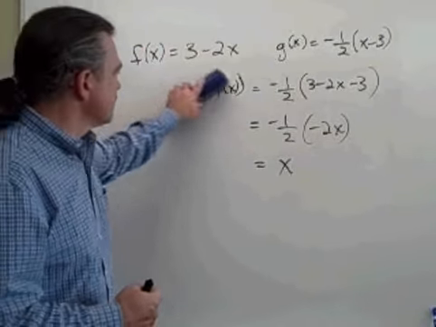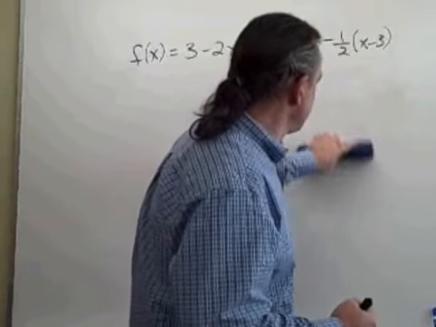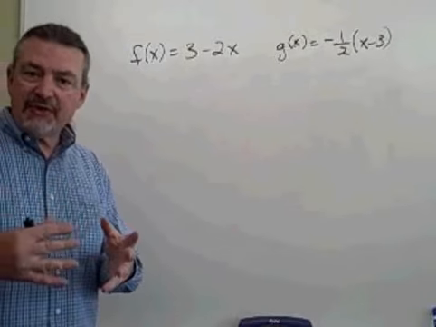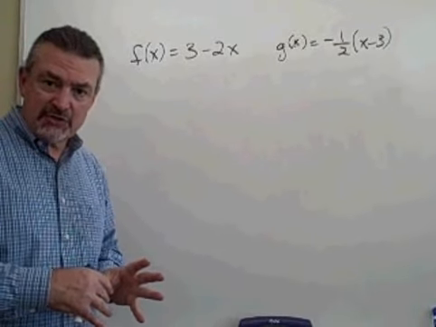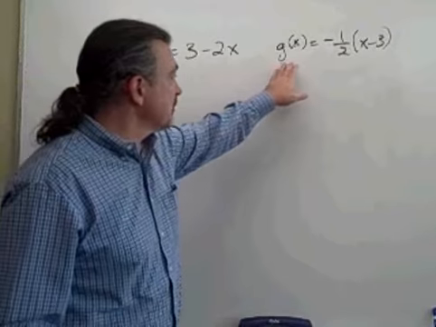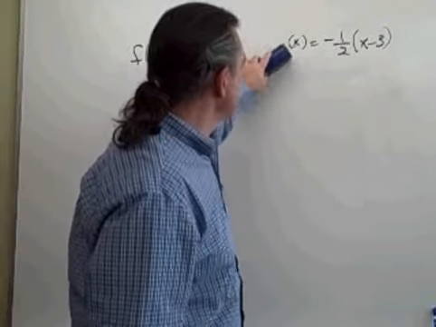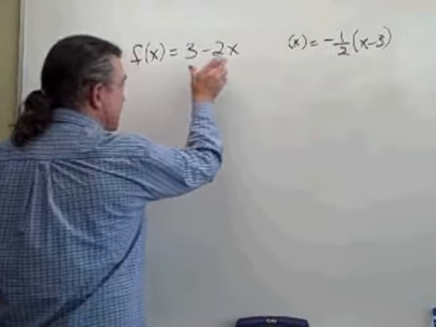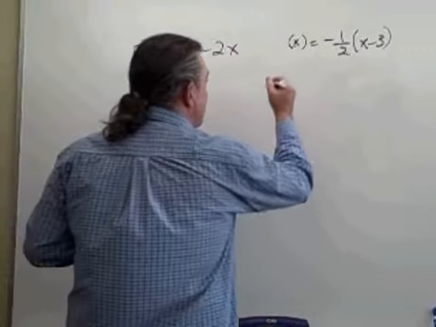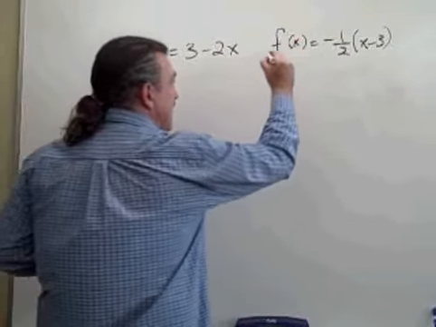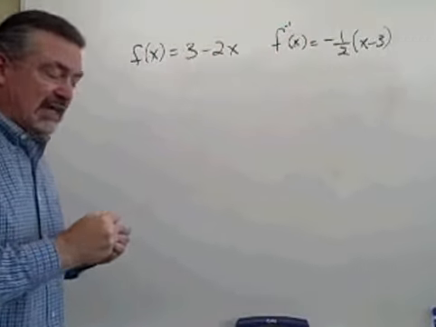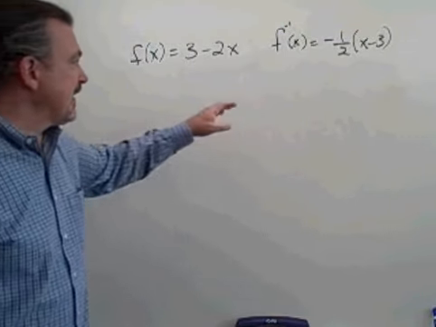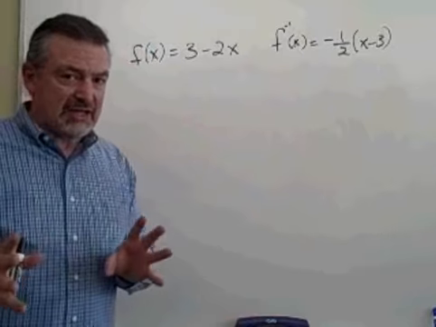And mathematicians adopt a new notation for a function. When one function is the inverse of another function, rather than using a different letter, mathematicians will use the same letter. So this function is the inverse of the function f. They will use the same letter f, and then they'll put a negative 1 in a superscript position. Now, that doesn't mean that you're raising f to the negative first power.